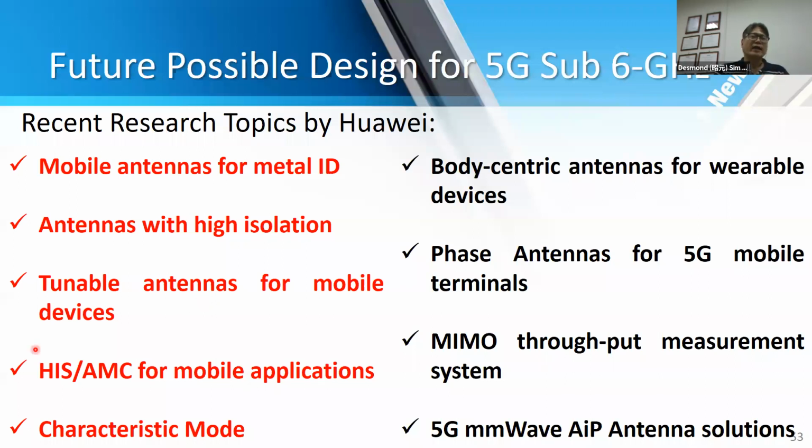Next is the HIS and AMC technology. HIS, full name, is high impedance surface, and AMC is artificial magnetic conductor. The two of them are categorized in a technology known as metamaterial, so you just have to consider them as metamaterial.